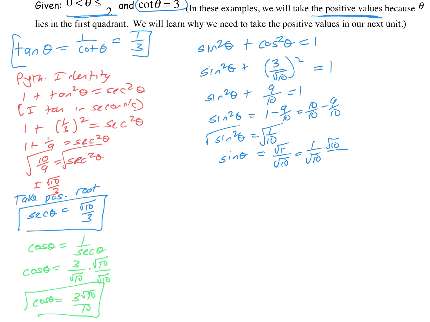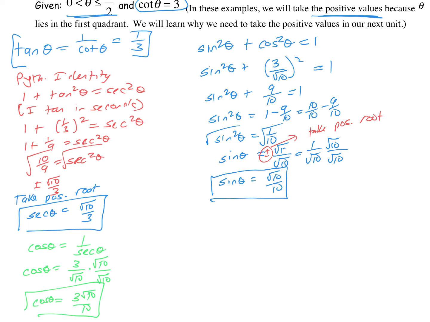Go ahead, rationalize the denominator, multiplying by rad 10 over rad 10. So sine theta is rad 10 over 10. And I'm only taking the positive root here because we know this is in the first quadrant. So technically we would really have plus or minus here, but we're going to take the positive root.